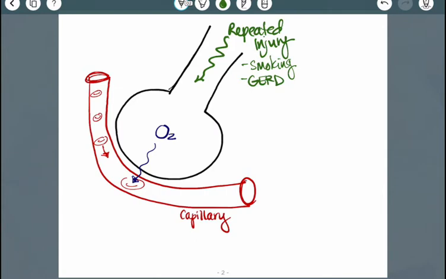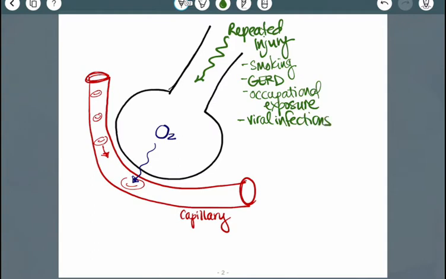A really big one in pulmonary fibrosis is occupational exposure. For years and years, this disease was called miner's lung, because this is the type of lung injury that patients get when they're breathing in toxic particles in poorly ventilated spaces. That is the repeated injury that can lead to pulmonary fibrosis. Also on here would be repeated viral infections.